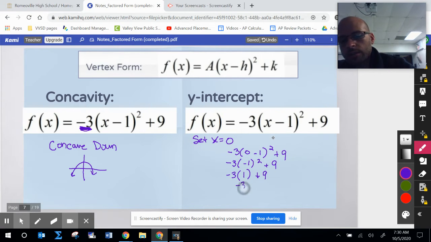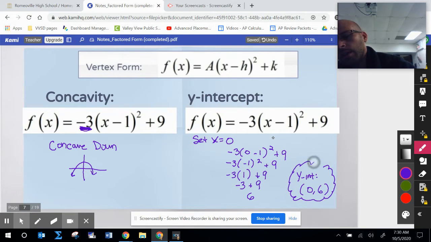Then the multiplication, negative 3 times 1 is a negative 3. And add, I get 6. So my y-intercept is at 0, 6. So this function, prior to even putting in the calculator, I know it has to open downward, and I know that it has to hit the y-axis at 0, 6.